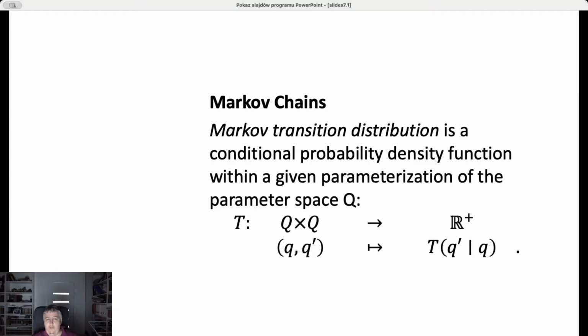So what is the probability of going to q prime from q? So what is the probability of q prime, conditional on q.